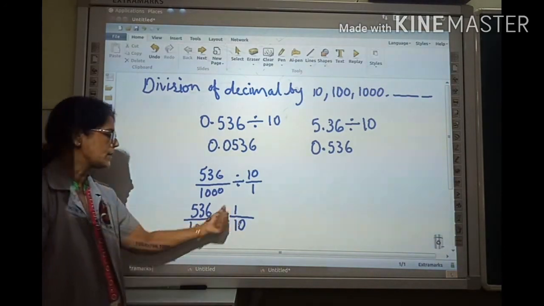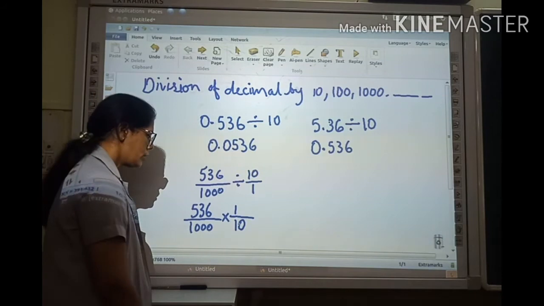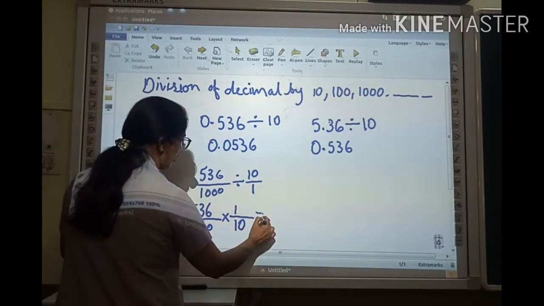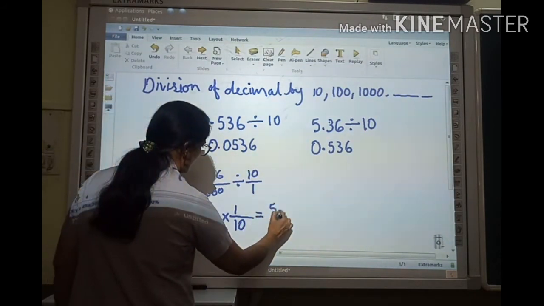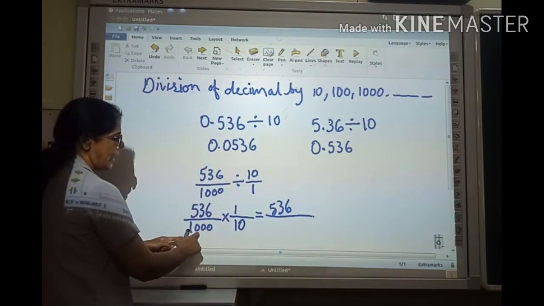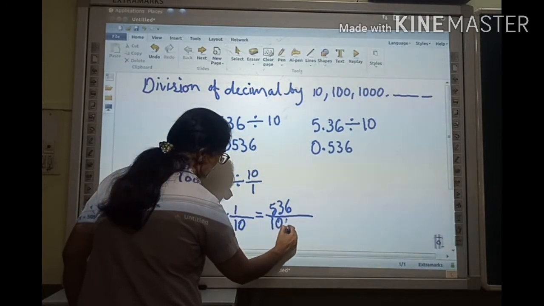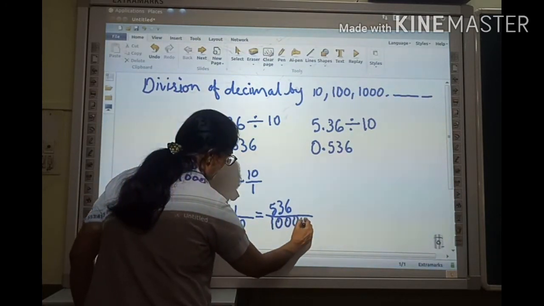So this is known as the reciprocal number also and multiplicative inverse property also. Now what we have got here? 536, right? Upon, if I multiply 1000 with 10, what I will get? 1 and 0, 0, 0 and 0.